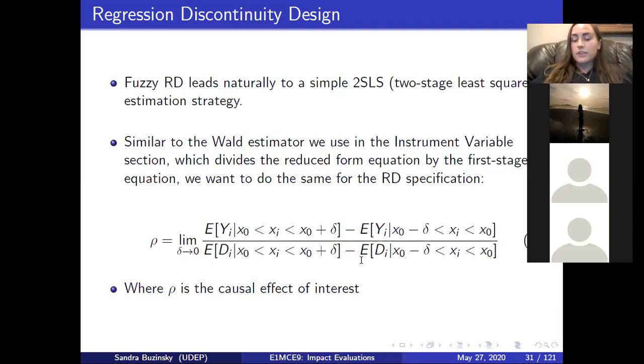And then you subtract the expected value of di, given that you're below the cutoff but still within the window, so still bigger than x0 minus delta. You can see how this is treatment minus control, rescaling for the probability of treatment for the treatment group minus the probability of treatment for the control group. And that will give us the causal effect of interest.